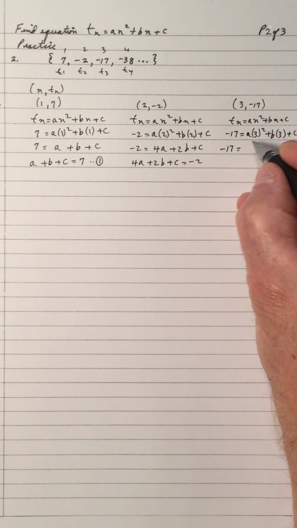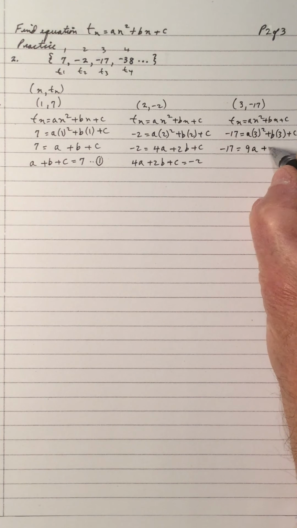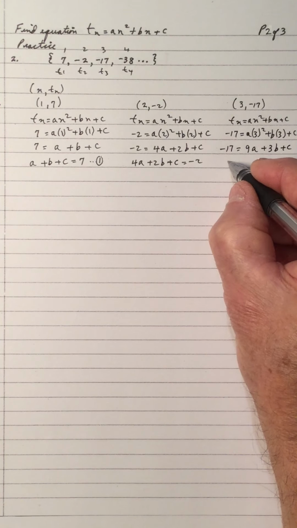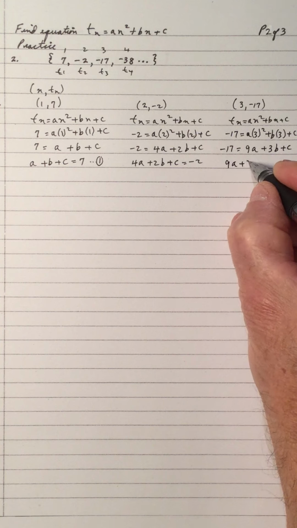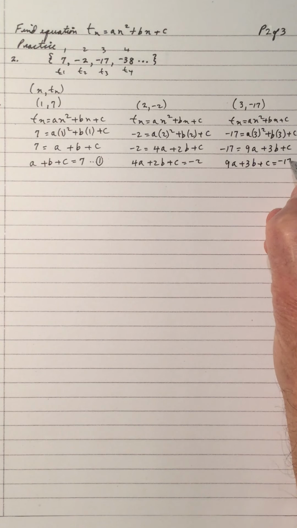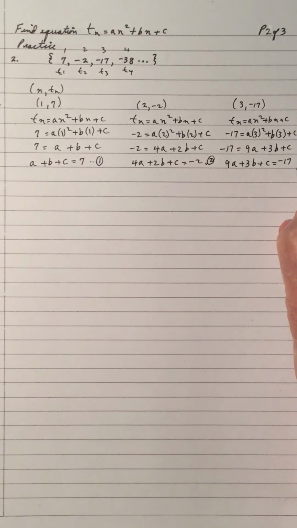Negative 17. 3 squared is 9, so that's 9A. B times 3, 3B plus C. So I have 9A plus 3B plus C. So this is equation 1, this is equation 2, and this is equation 3.